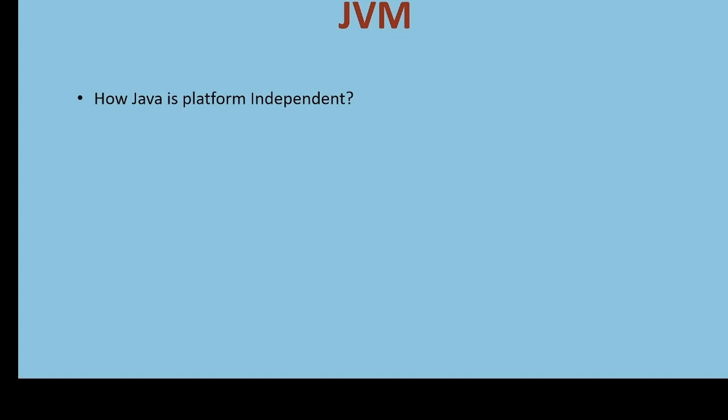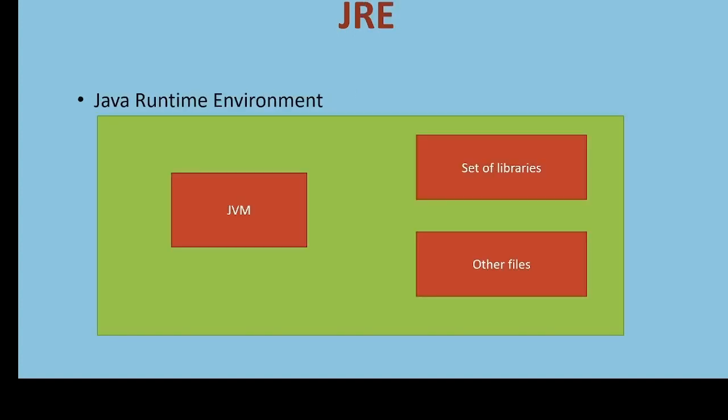Okay. Next is JRE. JRE means Java Runtime Environment. It is used to provide the runtime environment. It is used for running a program but cannot compile one. If we have a JRE installed system, we can run a Java program, but we cannot compile one. If we have a compiled file, that is, the .class file which has the bytecode, it can run on any device having the JRE, because JVM is part of the Java Runtime Environment.